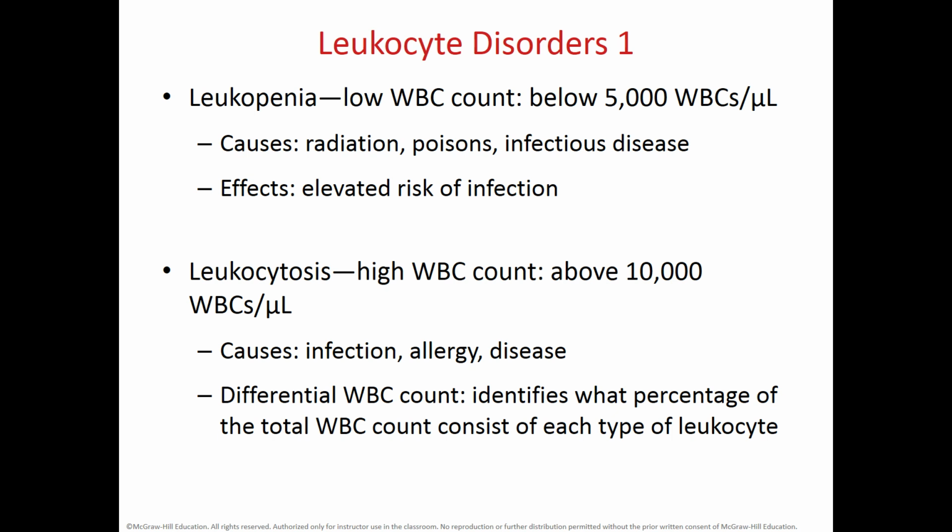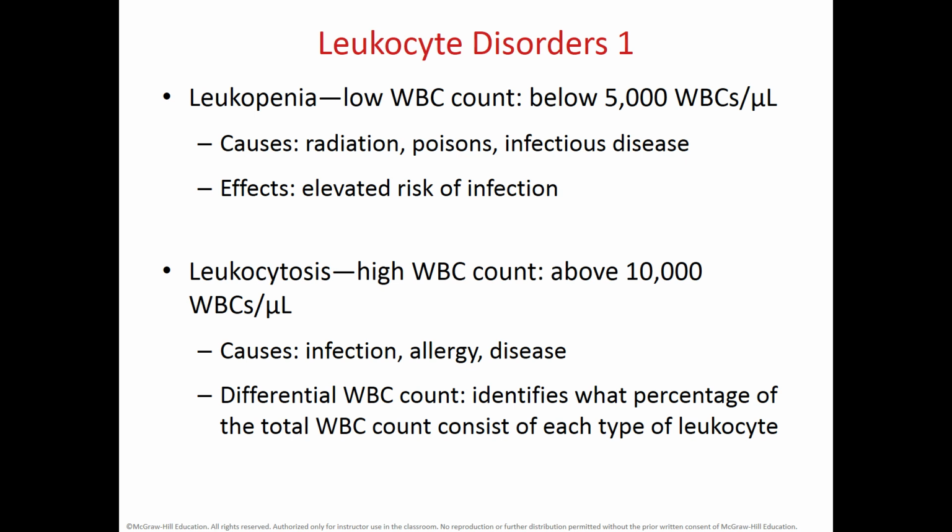Certain poisons also damage the bone marrow. Infectious diseases can destroy white blood cells, like in the case of HIV. So what are the consequences of having leukopenia? Well, increased risk of infections.